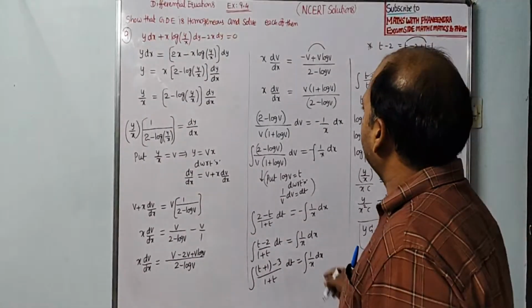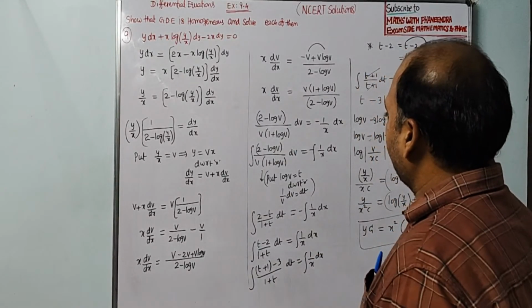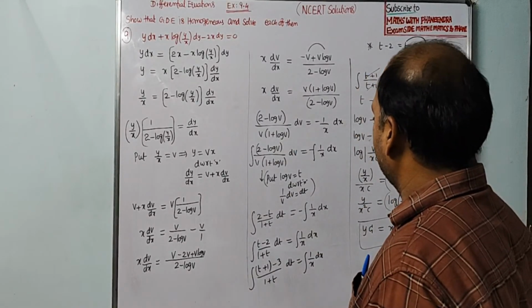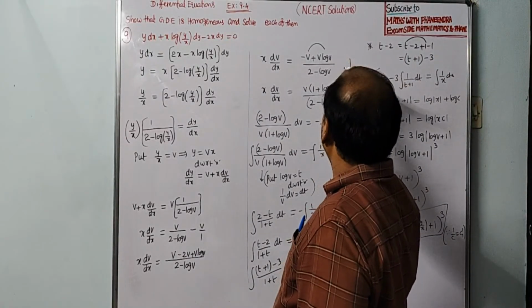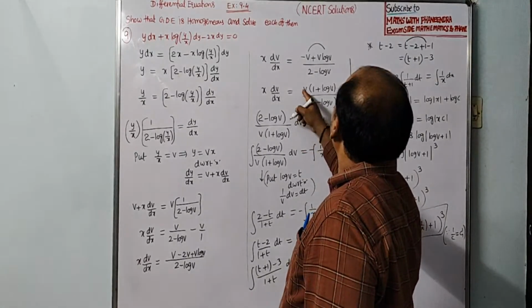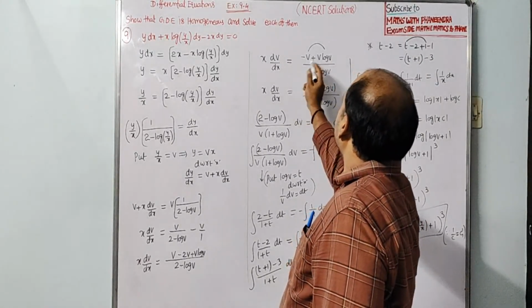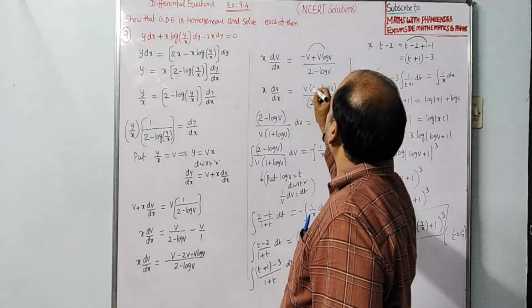2 minus log v divided by the denominator. Here, minus v only take common, means minus 1 plus log v will come.